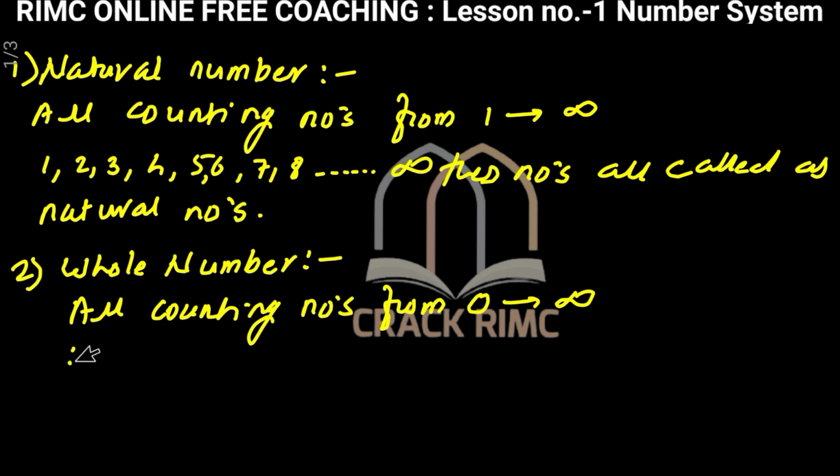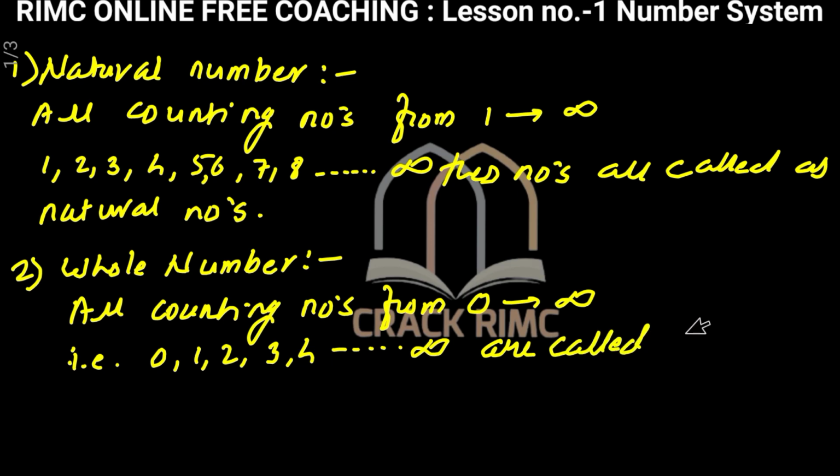That means, for example, 0, 1, 2, 3, 4 up to infinity are called as whole numbers. Okay, so what is the difference here?